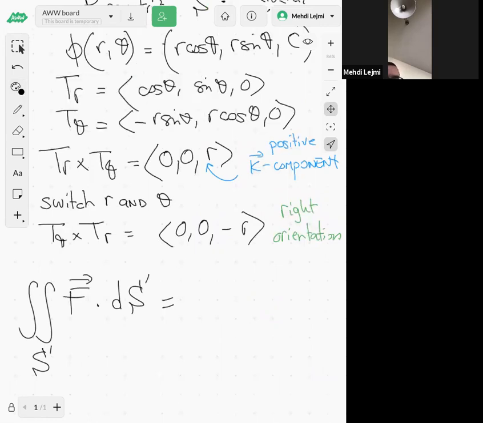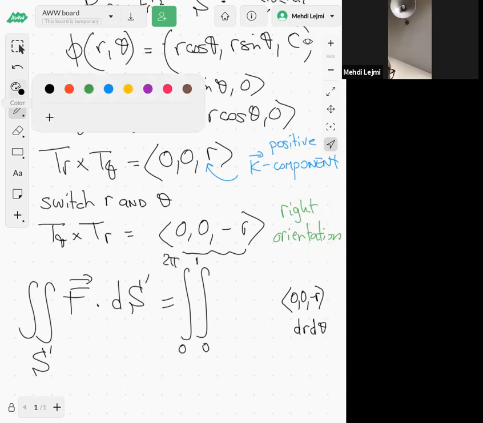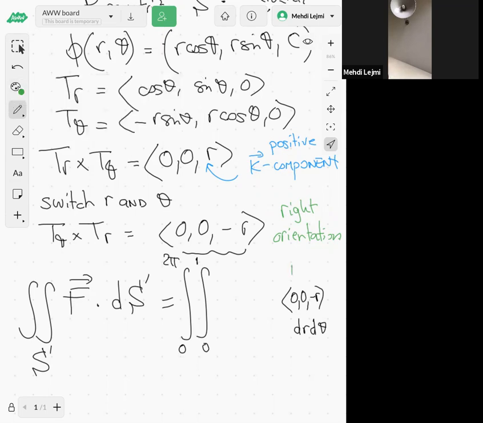This integral is going to be very easy to integrate, because the normal vector is just 0, 0, minus r. So we only care about the k component, right? That is T theta cross T r, dr d theta, with r between 0 and 1 and theta between 0 and 2 pi. In the vector field F, I don't care about the first or second component, because we multiply by 0.